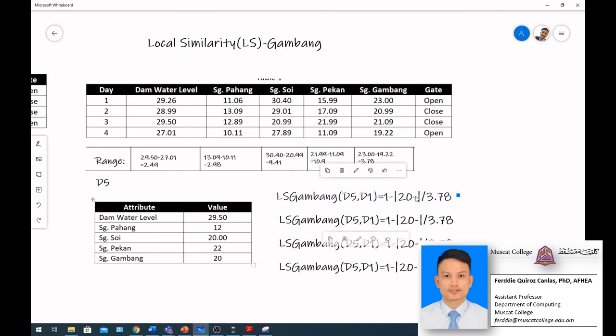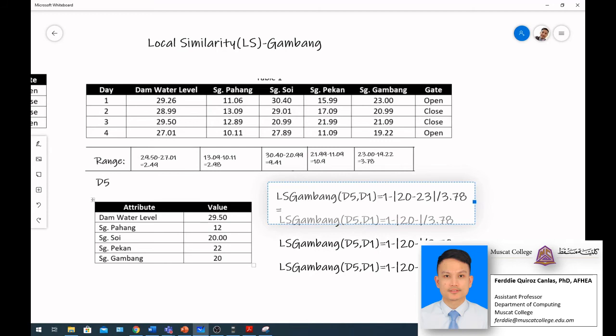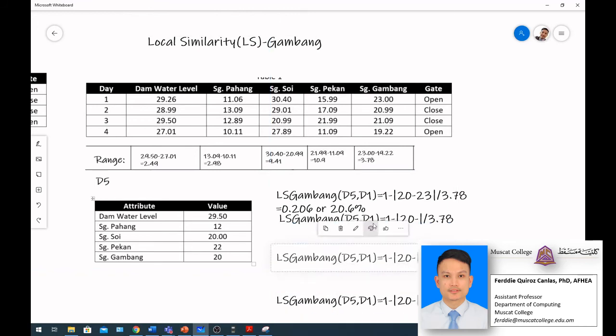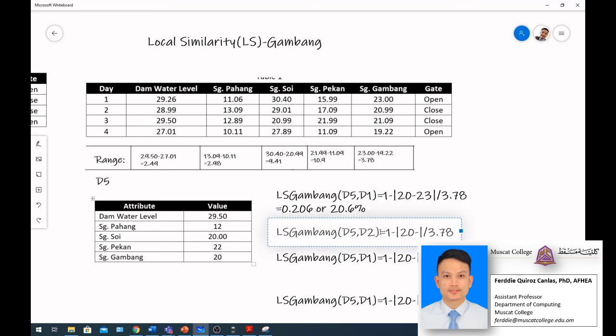Okay, dear, tell me for day 1, 1 minus 20 minus 23, right? What's the answer, dear? Equals 0.206, or 20.6%, similar. Good. How about day 2, day 5, and day 2? 0.738.